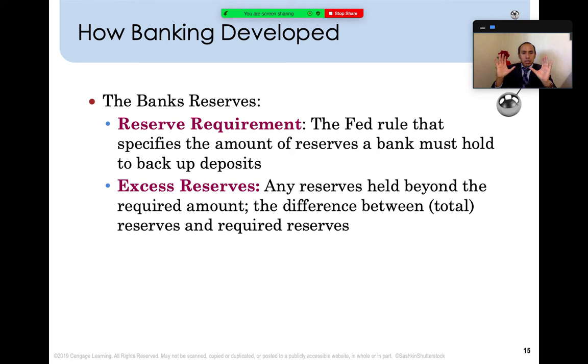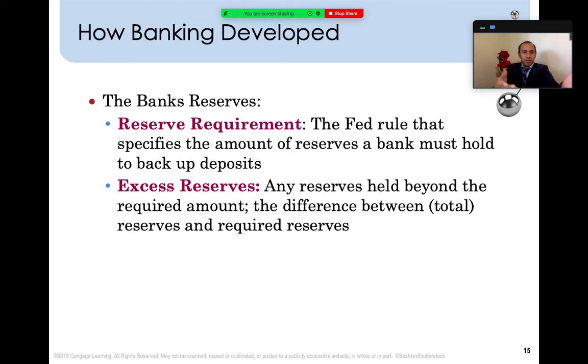So there are the excess reserves, the extra reserves that you have available to do extra transactions, and the required reserve amount, the ones that you need to keep. You'll be surprised: if there's 100 million in deposits and your reserve ratio is 10%, you only keep 10 million that are required.